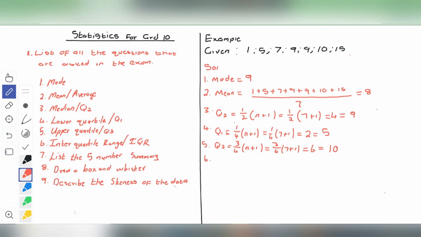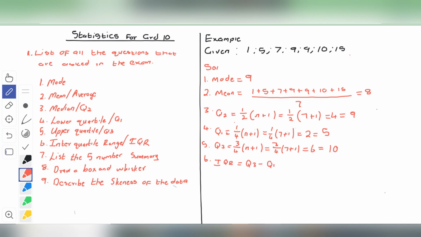So now let's go to determining the interquartile range. How do we determine the interquartile range? Remember, the examiner can say determine the interquartile range or determine IQR. Whenever it says determine IQR, just know that it's talking about the interquartile range. The formula for determining the interquartile range is Q3 minus Q1.